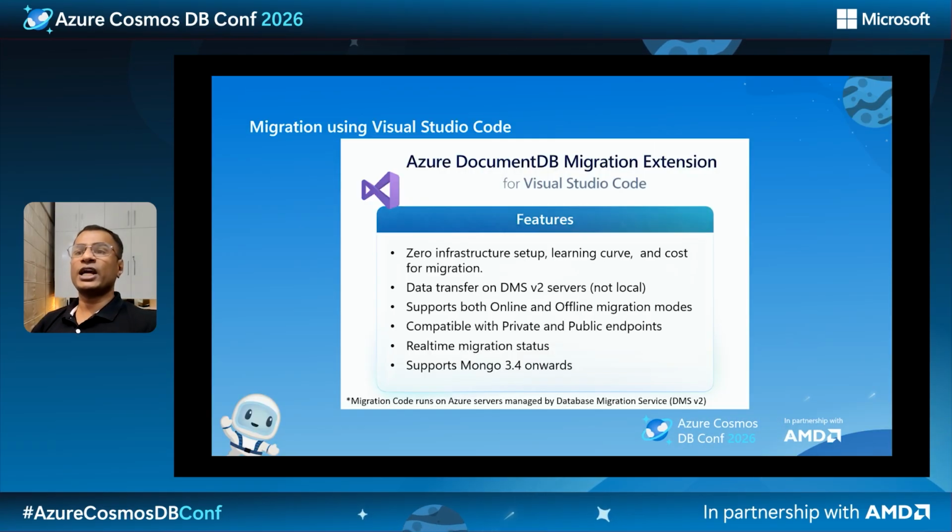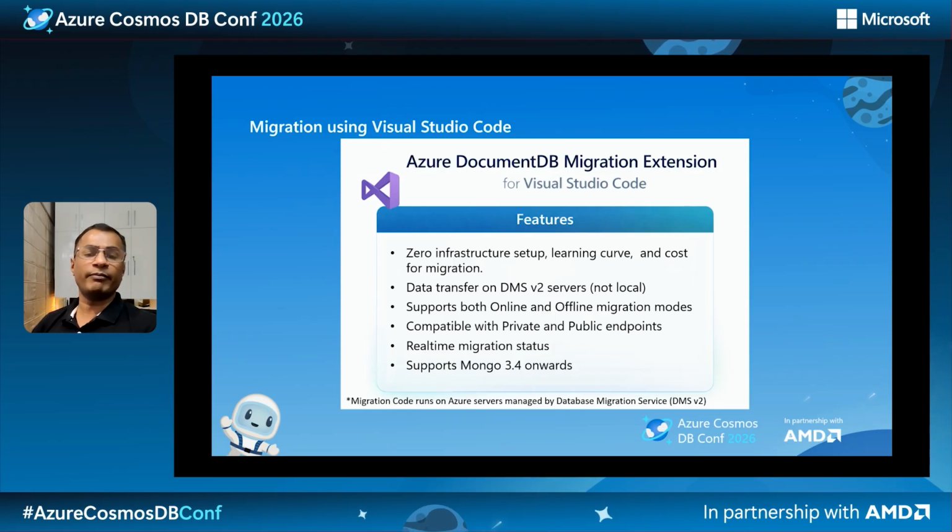So let's first look at the VS Code extension. The benefits of using the VS Code extension are there is zero cost, and you don't have to set up any infrastructure. It's very easy to learn. The data transfer is done on the DMS servers, or Database Migration Service, of Azure, so you don't use your local bandwidth or your local resources.